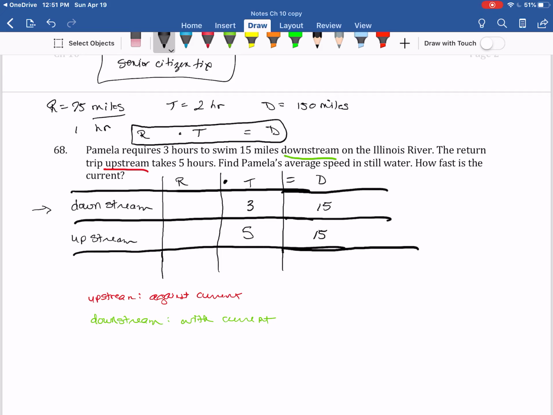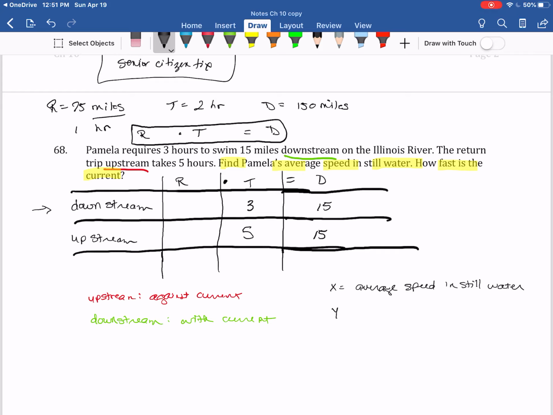Now let's talk about the rates. There's actually two rates, and I know this because the problem says find her average speed in still water, and then how fast is the current. Those are the two components I have to figure out. I need her average speed in still water, so that's without any current whatsoever.